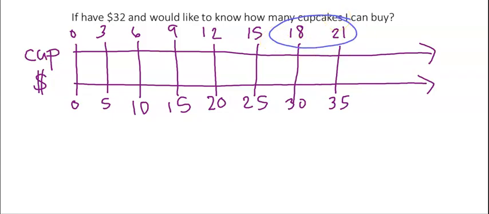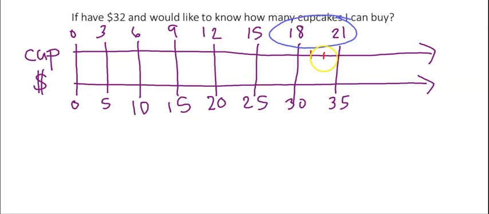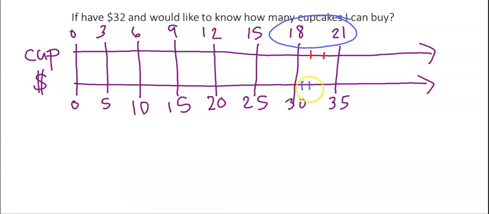And so with a double number line, what I can do is I can say, well, up on top, in between 18 and 21, I've got 19 and 20 cupcakes. But in between, down on the bottom line, in between $30 and $35, we've got $31, $32, $33, and $34.